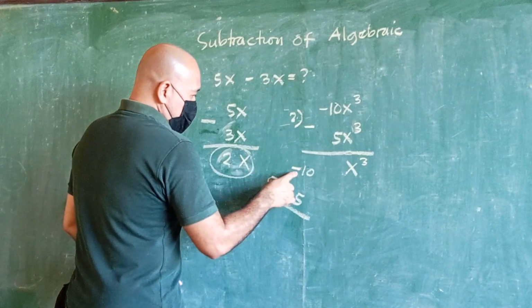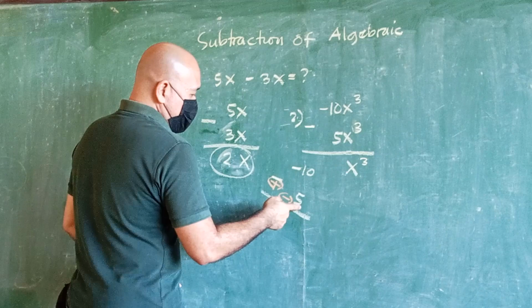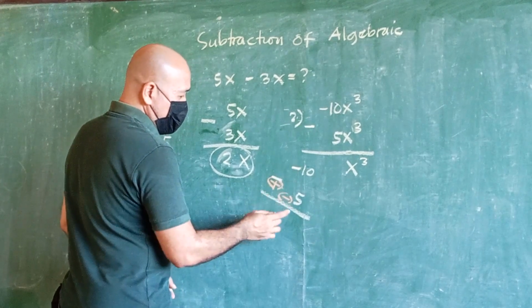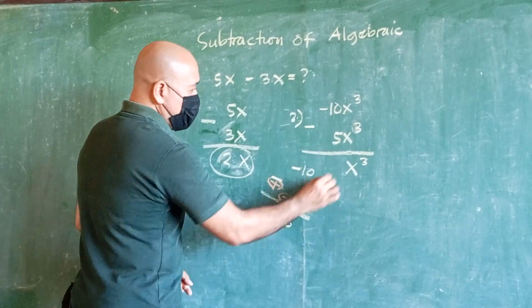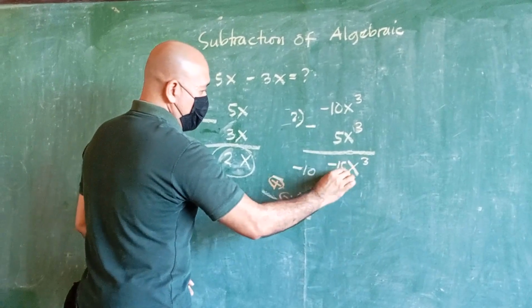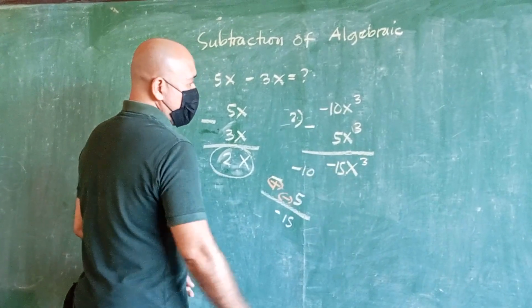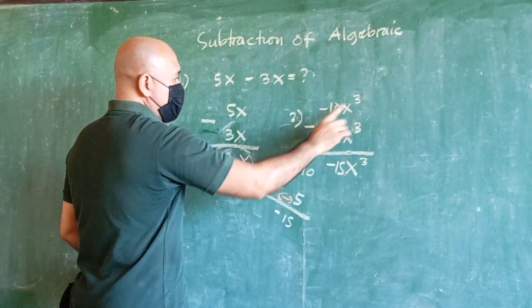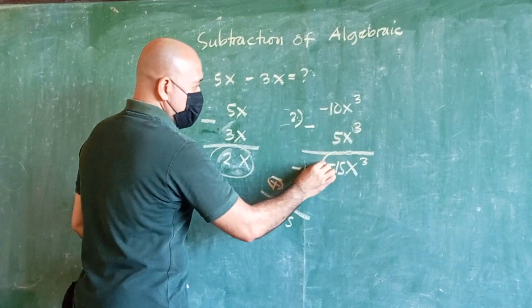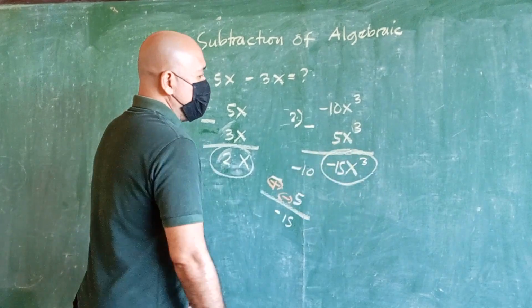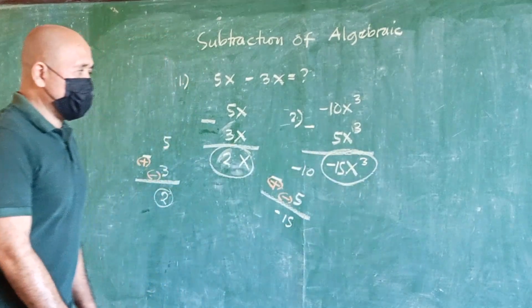So it becomes negative 10 plus negative 5. So it becomes addition of the same sign, so just bring down the sign and add directly the numbers. That's your numerical coefficient here. Therefore, negative 10x cubed minus 5x cubed, the answer is negative 15x cubed.